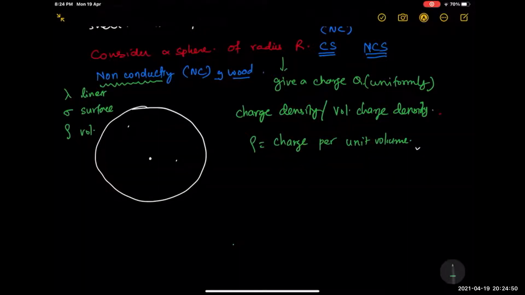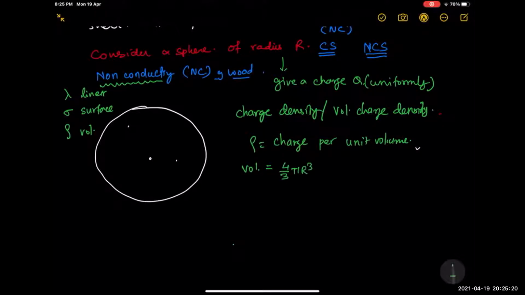So what is the volume of this sphere if the radius is R? The volume is 4 by 3 pi R cubed.